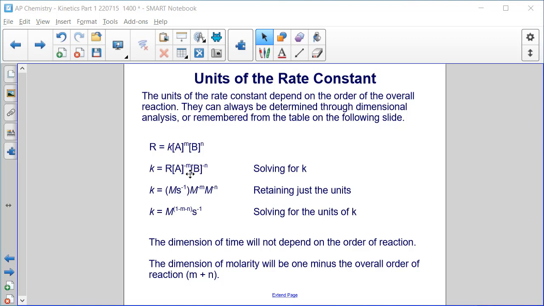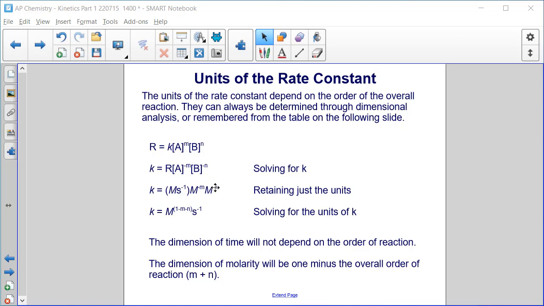So if I retain just the units here, for rate, I have molarity per second. For concentration of A, I have molarity raised to some power minus M. That's a number. There's no unit. And then B has units of molarity raised to some power minus N. Again, that's just a number. No units there.